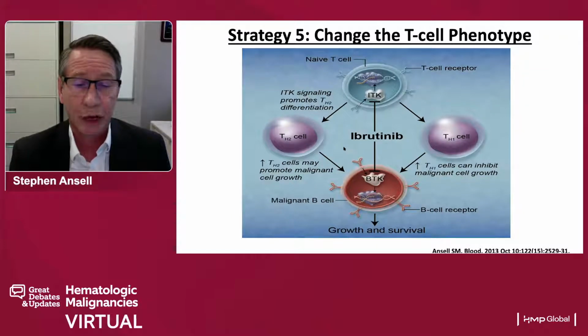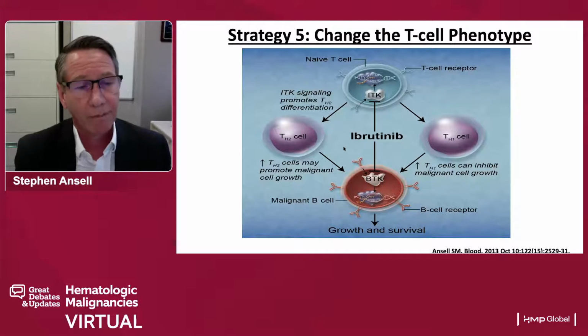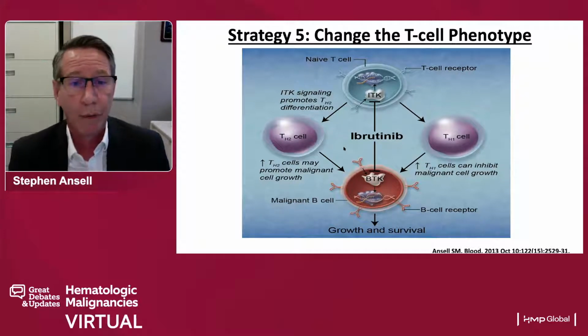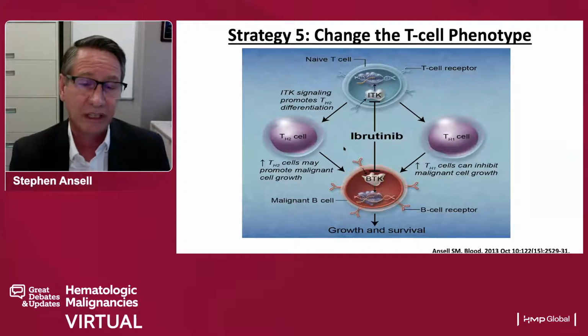As you can see at the bottom, this targets BTK, which is highly relevant in B cells. But there is also binding to ITK, which is predominantly found in T cells. This changes the T cell phenotype from a more inhibitory Th2 type phenotype to a more pro-targeting of the tumor type Th1 T cell.